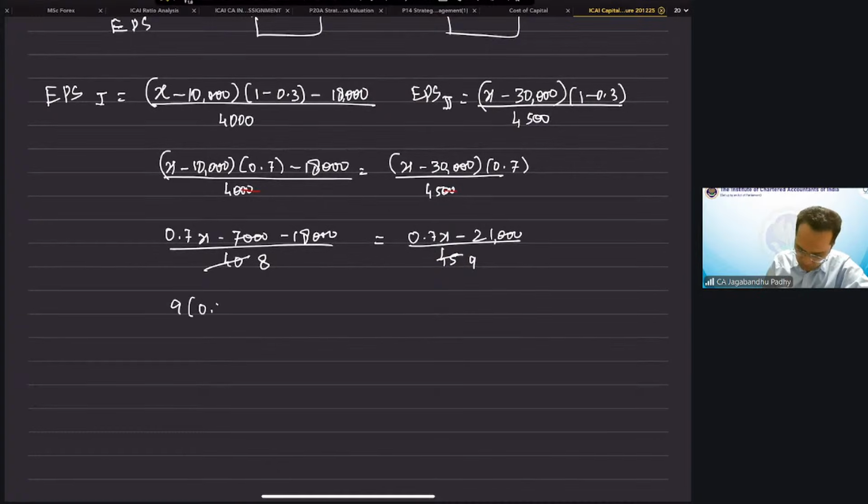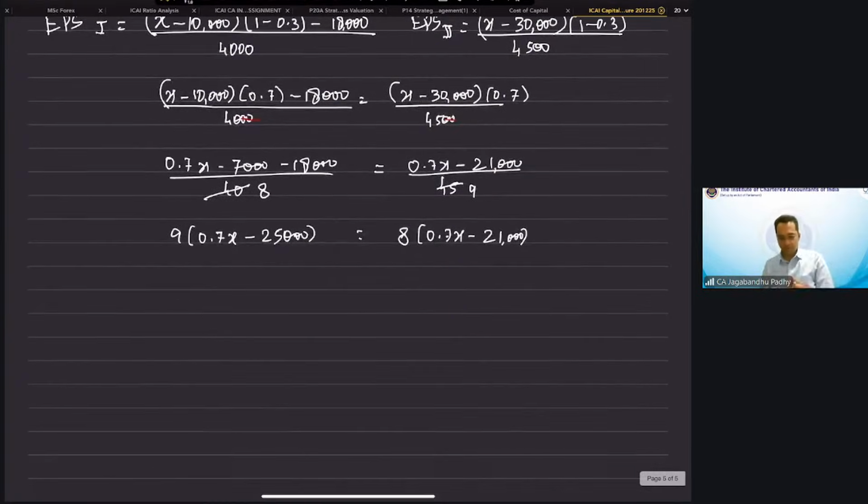So 9 into 0.7x minus 25,000, and this is 8 into 0.7x minus 21,000. Just open up the bracket.